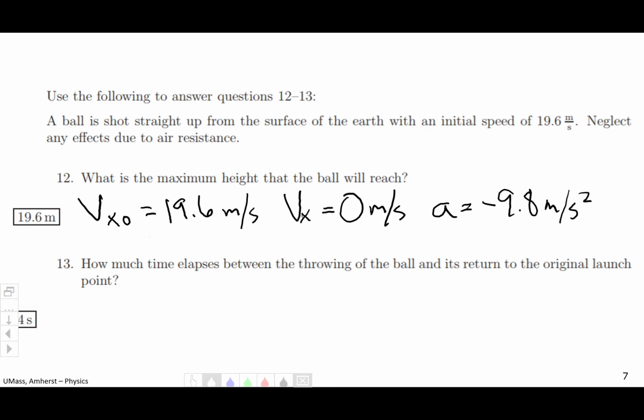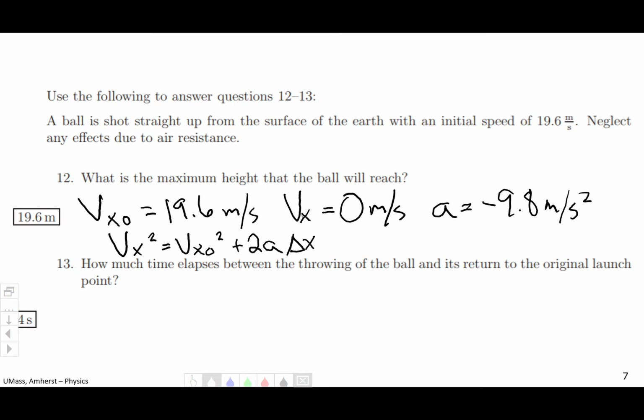So what we're going to do is use our Vx squared equals Vx0 squared plus 2a delta x. I'm just going to take the shortcut, and write it down here. We'll come back to this slide at some point so we can do number 13.